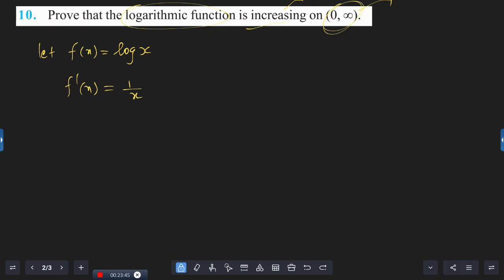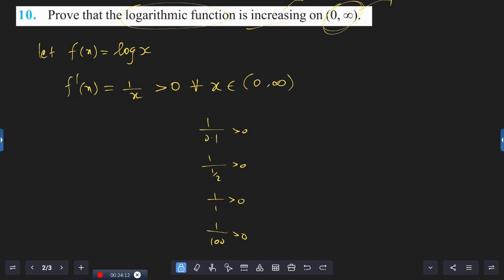So 1 by x is surely greater than 0 for all x belonging to 0 to infinity. You can take any value above 0 for x: 0.1, 0.5, 1, 100, the result is positive.